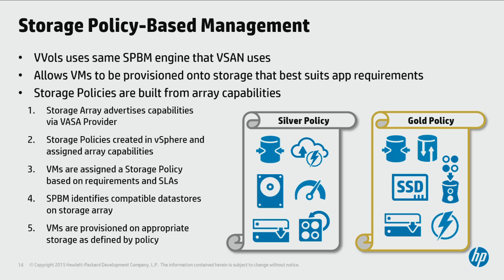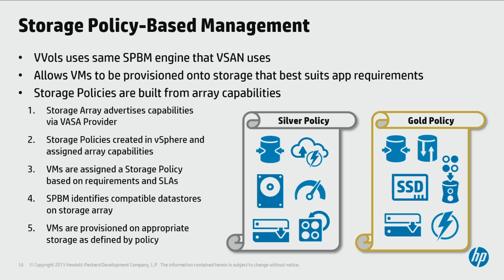So the way it works basically is the array, through the VASA provider, tells us everything. We're going out there and saying, hey, we support thin provisioning, we support snapshots, and we're funneling all of that up. We then go into vSphere and create a policy. I'll pick and choose, kind of like a menu, what I want to assign into that policy. And once that policy is created, I'll simply assign it to a virtual machine.